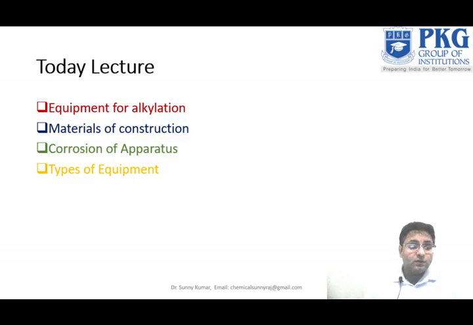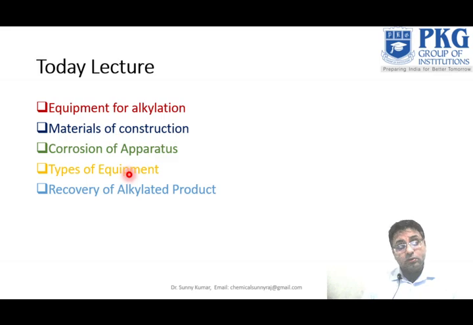The material for the construction of the instrument is very important, and so is what type of equipment you are using. If there is some rotating part inside the instrument, we have to be careful, because in that condition the rate of corrosion will increase, and that affects the yield of our products. They can affect the yield and the quality of the product, so quantity and quality both can be affected if you choose the wrong materials.